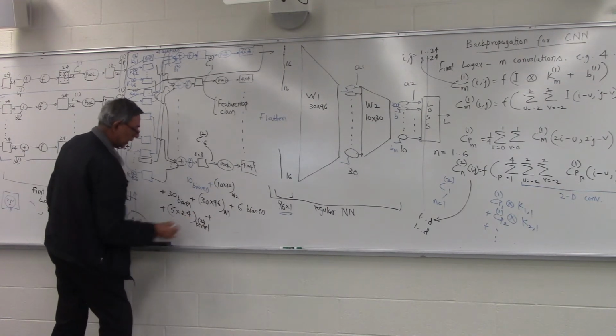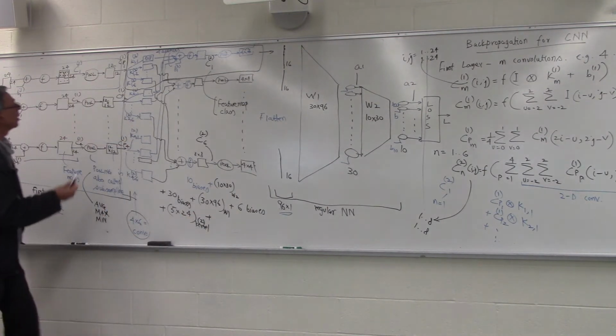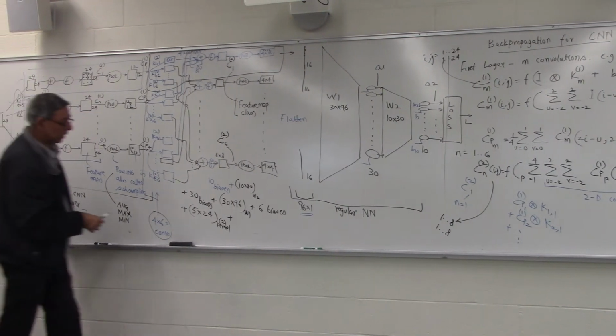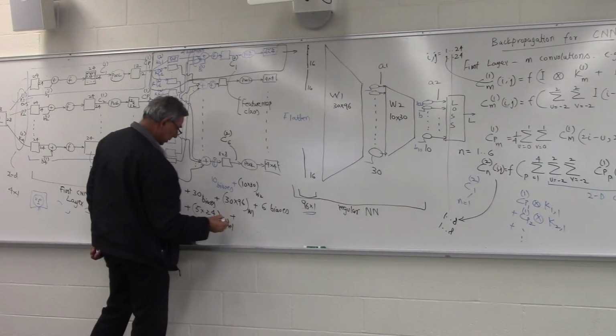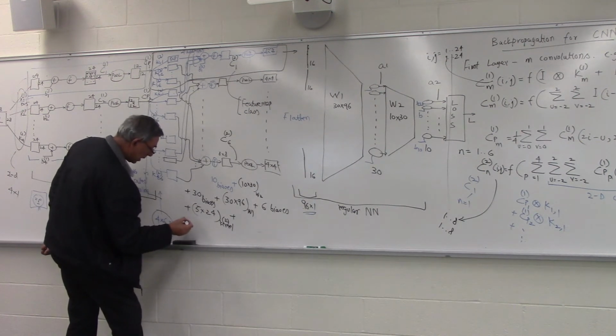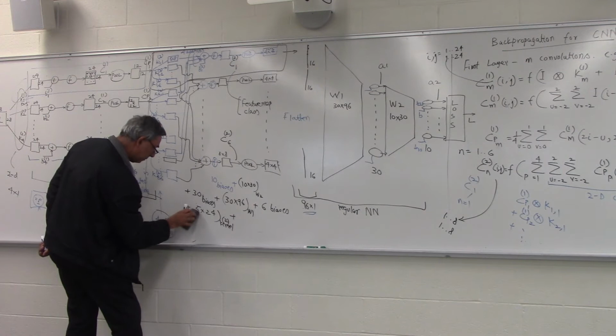Then if we move backwards from here, we have more kernels over here. And how many kernels are there? It's about 5 by 5 by 24.